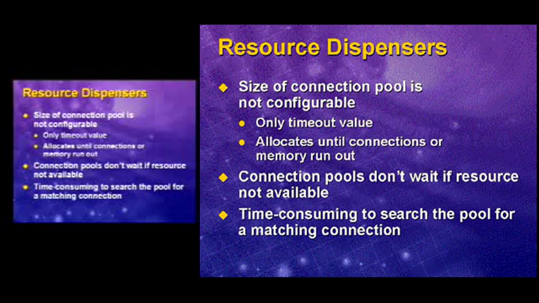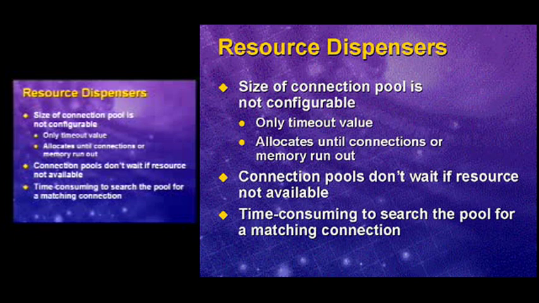The idea is that the pool, if you set the timeout value to infinite, will continue to allocate connections until you run out of database connections, or you run out of processes, say if you're connecting to an Oracle database on Unix, or until you run out of virtual memory. So this might not be something in a web scenario that I want to let go like that. Again, the only way that I can configure this is by the timeout value.